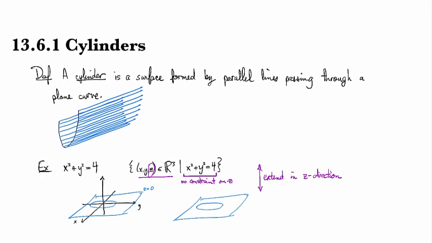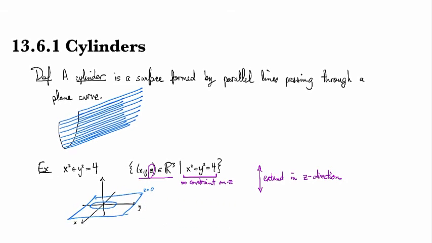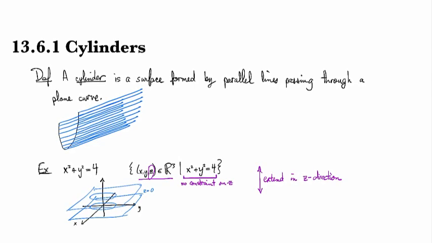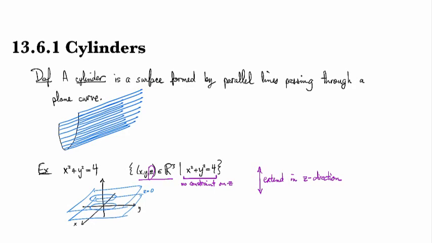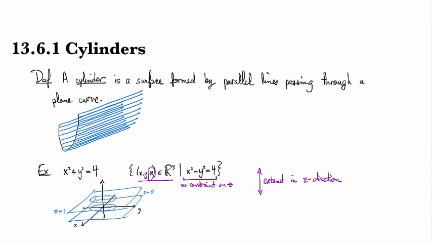So I'm going to take this whole thing and say, if I were to redraw this figure at height 1, so up here somewhere, so that's the plane z equals 1, it would look exactly the same.